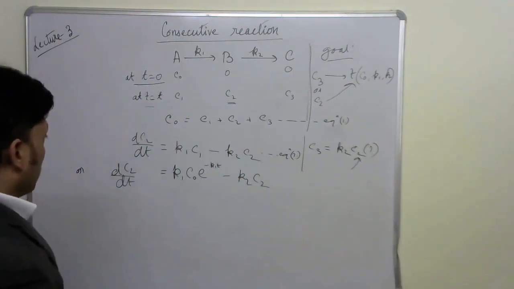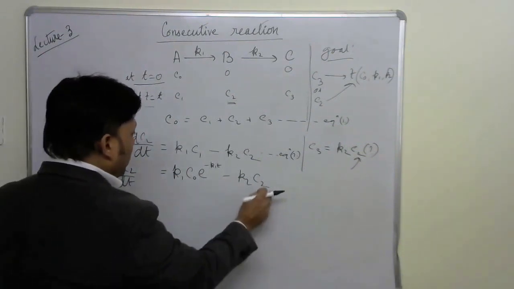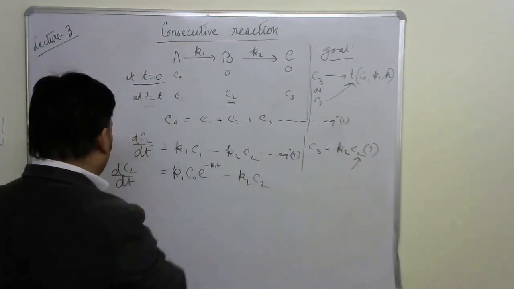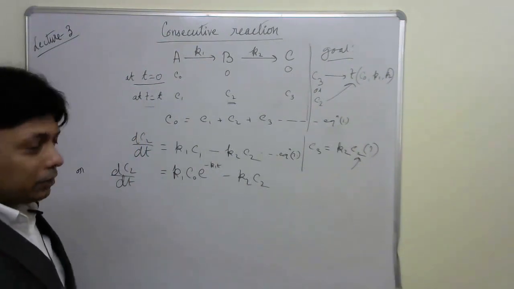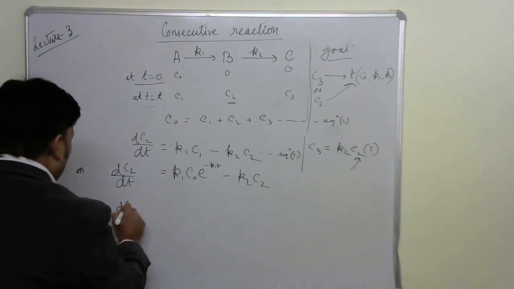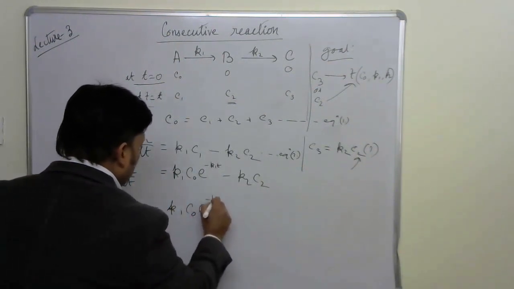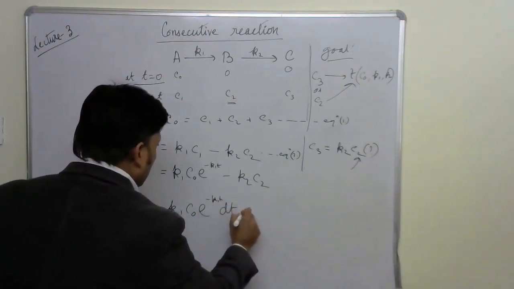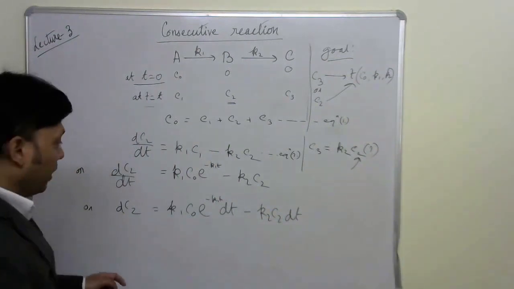So this is the constant and this is the C2. So only one unknown variable. Here we have dC2, C2. So I think we can try to integrate that at this point. Or we write dC2 is equal to K1 C naught e to the power minus K1t dt minus K2 C2 dt. All right.